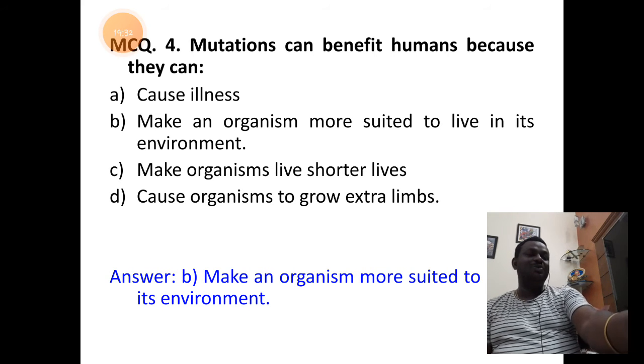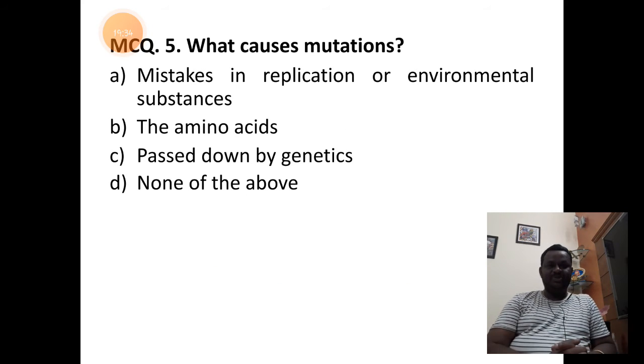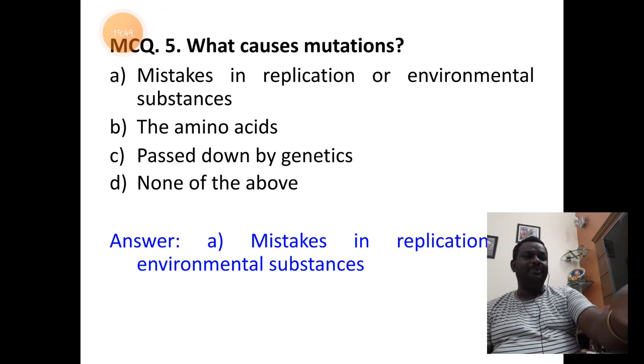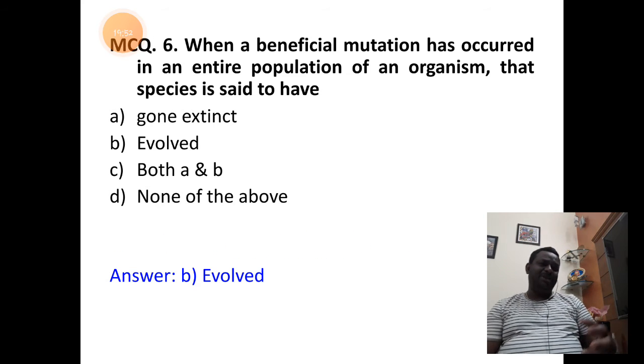So this is what we call adaptation. What causes mutations? Mistakes in replication, or environmental substances, amino acids, passed down by genetics, none of the above. So the answer is A, mistakes during the replication process.